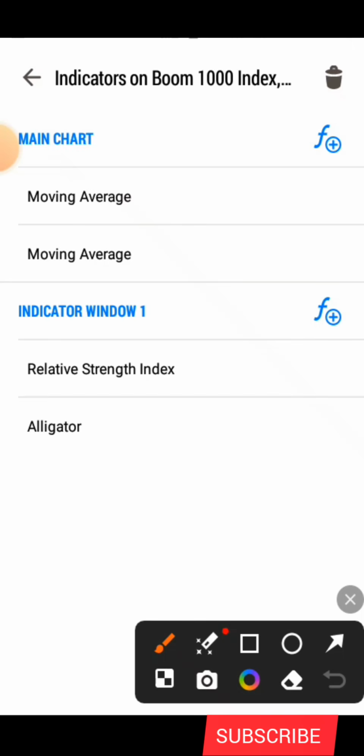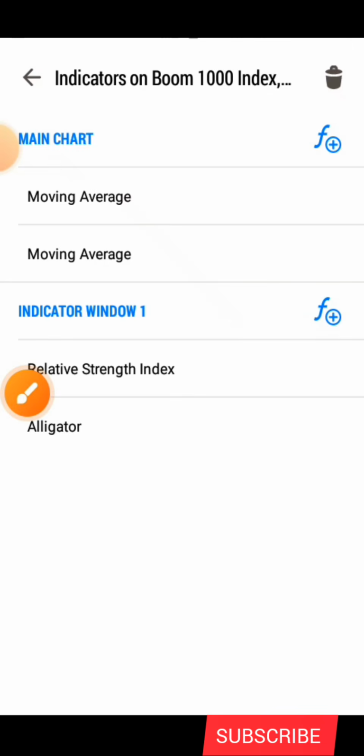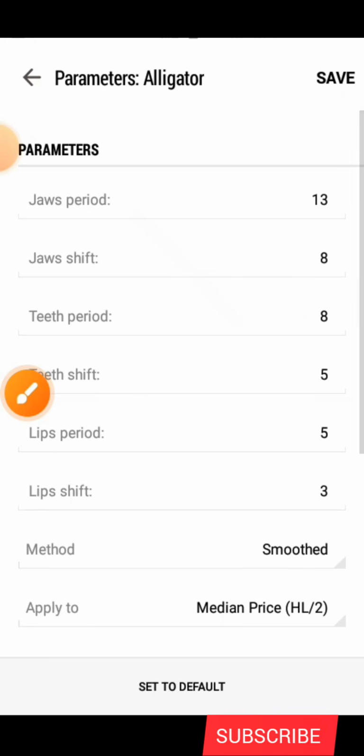When you finish setting up the relative strength index, indicator window 1 will be formed. Now I'm bringing out this F icon here, so you click on this one in order to add the alligator under the relative strength index. Now you can see the parameters.